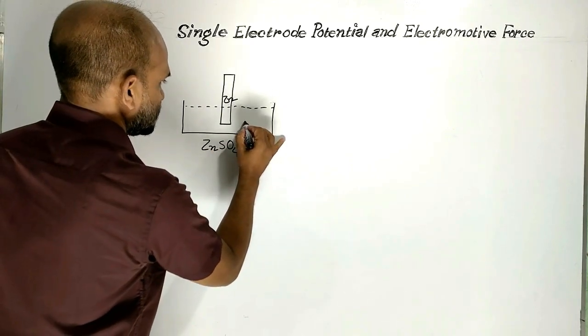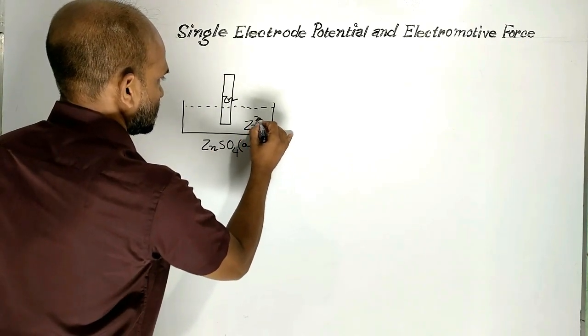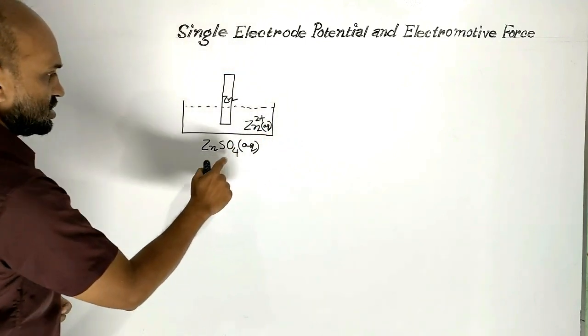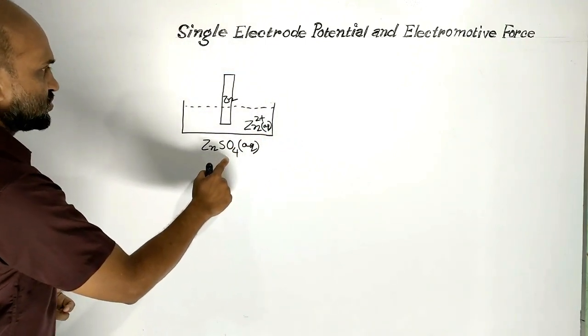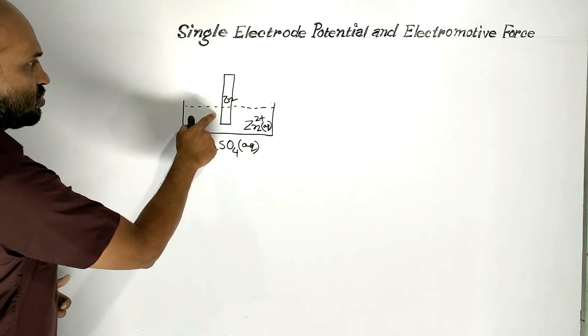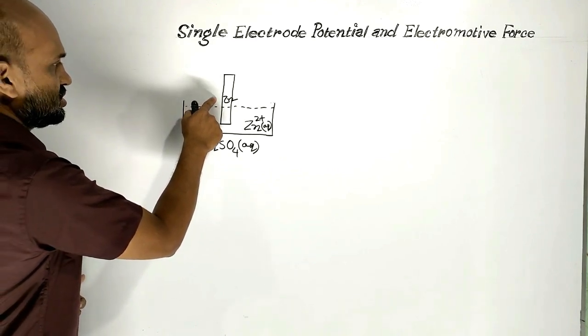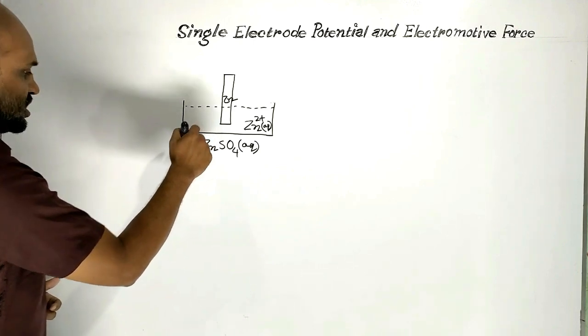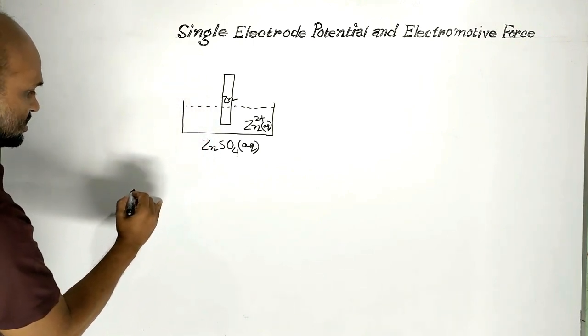This solution contains zinc 2 plus ion and sulfate ion. After the immersion of the metallic strip of zinc in the zinc sulfate solution, a reaction occurs spontaneously.